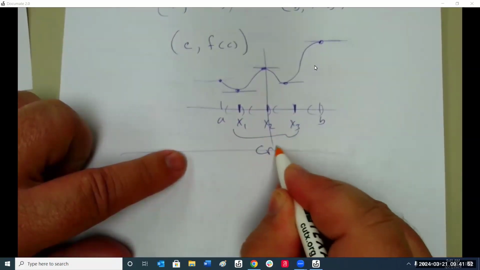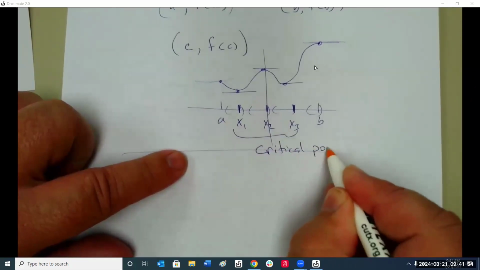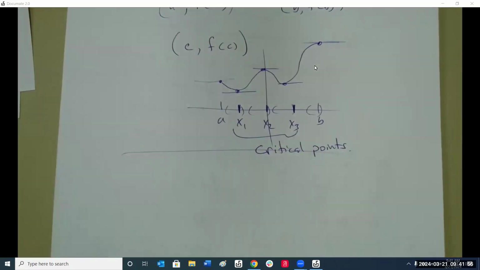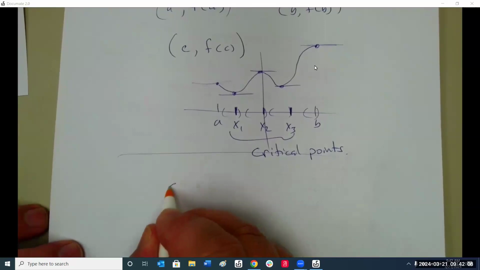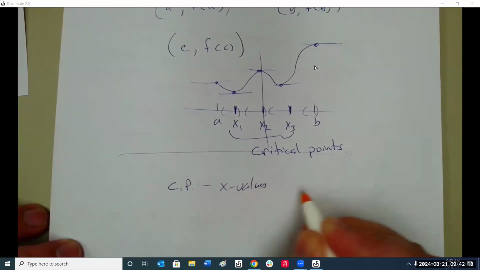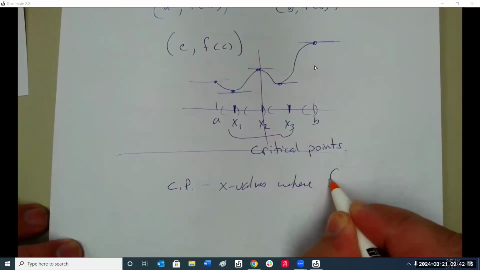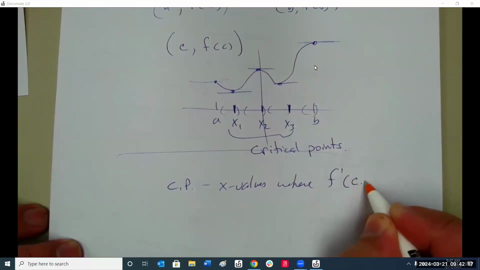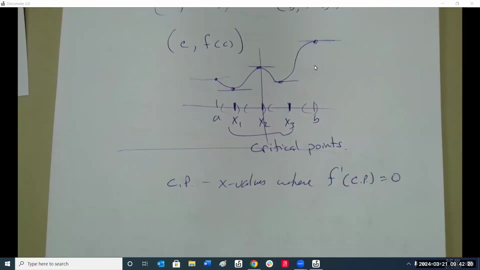These are called critical points. So we have to give a name to all the x values where the derivative is equal to 0. So the critical points are the x values where f prime at those CPs is 0. They're the vertices.